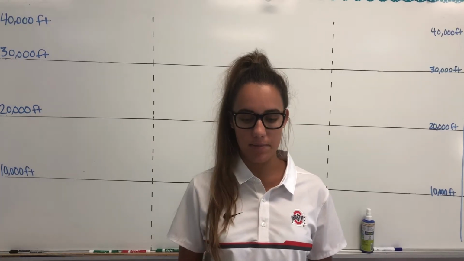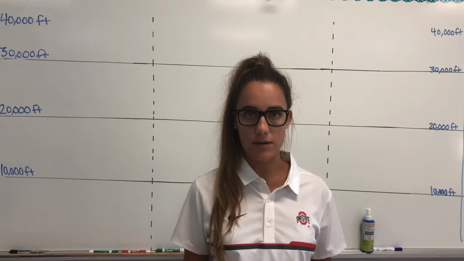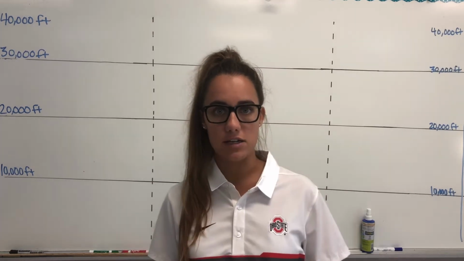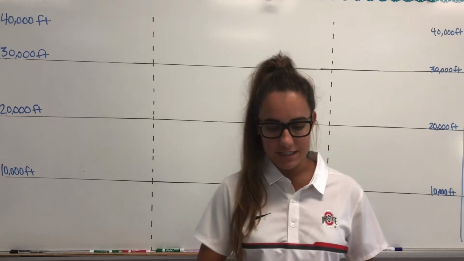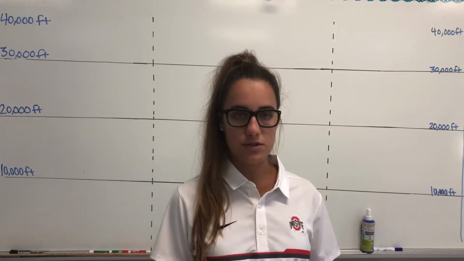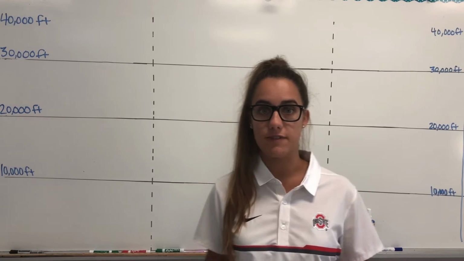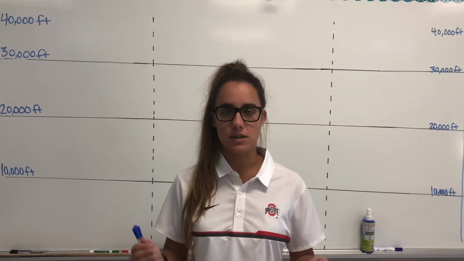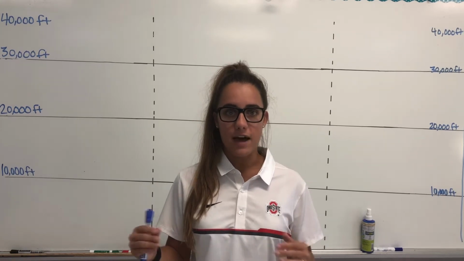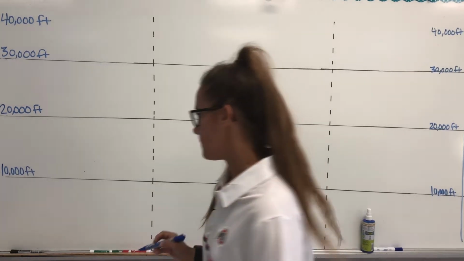Okay, the next step in diagramming our clouds is going to be to draw the actual clouds on our sheet. So the first stage of thunderstorm life cycle is called the developing stage. And the cumulus cloud starts to develop at about 5,000 feet altitude.